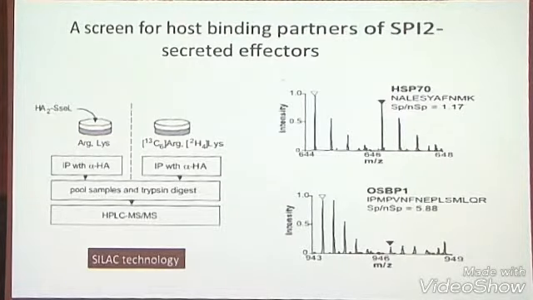So I'm now going to tell you the story of the identification of a Salmonella SPI-2 effector that seems to be involved in triggering this lipid formation. To do that, I have to go back to our proteomics screen, the SILAC technology. Remember, that's the heavy and light labeling, but instead of labeling bacteria this time, we're labeling tissue culture cells, so mammalian cells are being labeled.